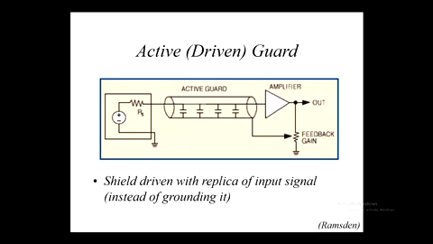So if there's a common mode signal that we want to guard against, if we can somehow put that back onto the shield, then we neutralise that particular aspect of the signal.